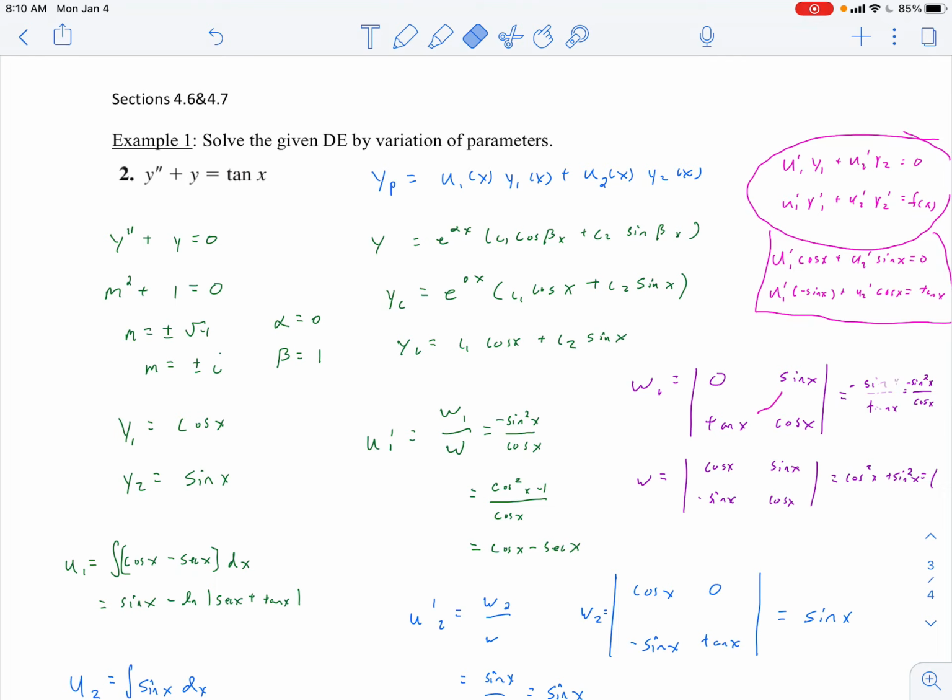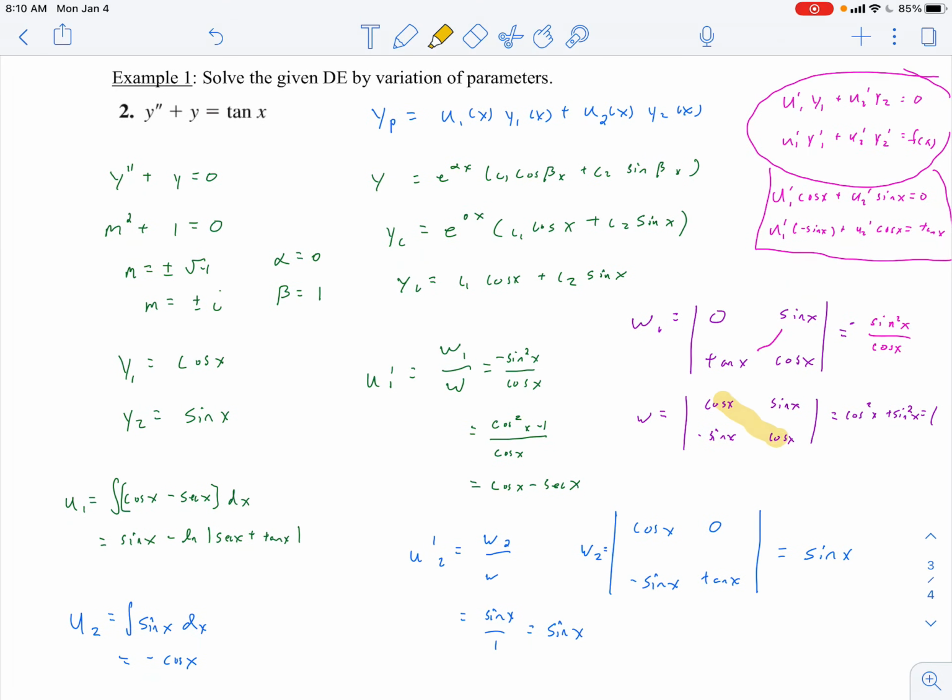Let me erase it and write it how it's going to be: negative sine squared x over cosine x. And then the Wronskian is cosine times cosine, which is cosine squared, minus sine times negative sine, which is positive sine squared x. So that's nice. The Wronskian is equal to 1.